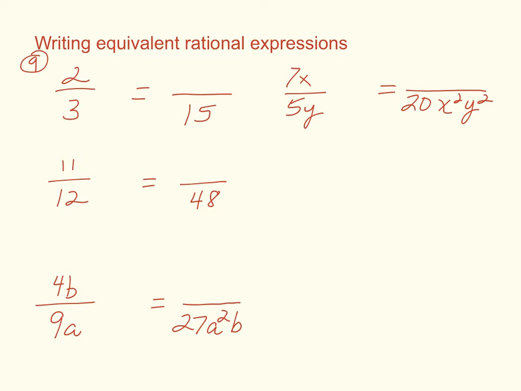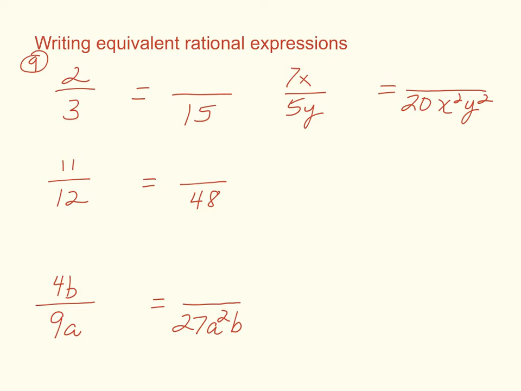But that's not the only way to write 3/4. We can write 3/4 as 9 over 12. There's an infinite number of ways of writing 3/4. Well, there's an infinite number of ways of writing 2/3 as well.